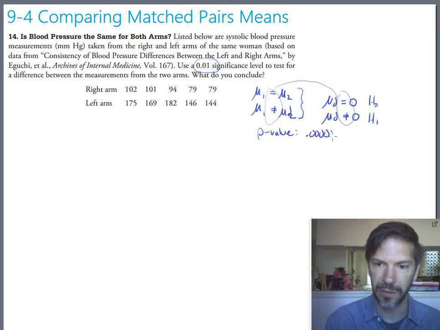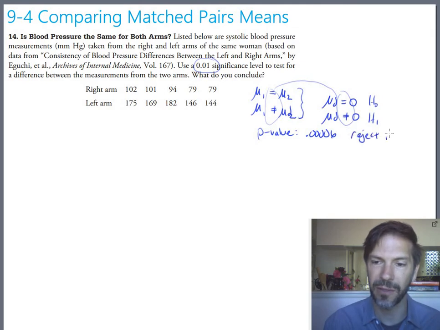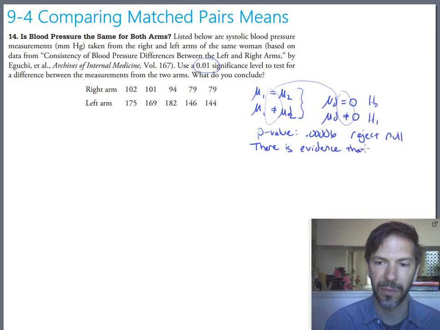And 0.00006. So if the null is true, this is a very unusual sample. So it's unusual, so we will reject the null. And we will say there is evidence that the averages are different.